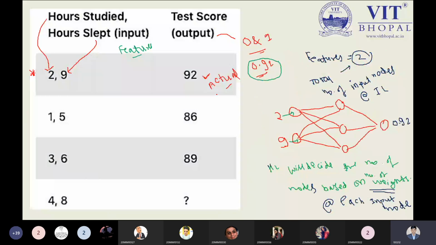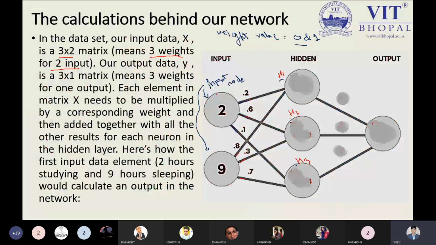Now the calculation behind our network: we have a 3 comma 2 matrix, meaning 3 weights and 2 inputs. This is also given. Previously it was not given, but now it is in the diagram. Our inputs are 2 and 9, so our matrix will be 3 by 2.